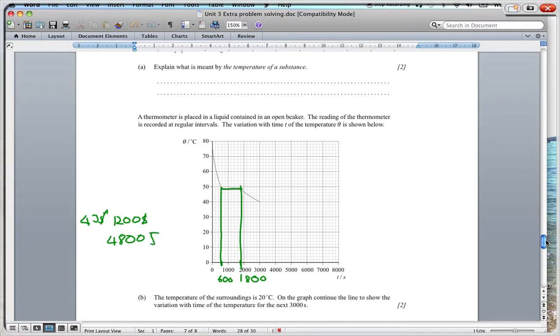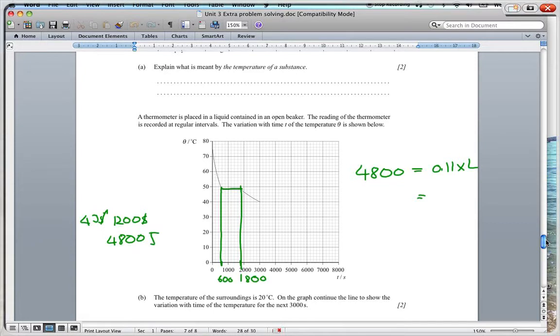Now that 4,800 joules is all being lost to the surroundings, and that's equal to ml. So that's 0.1 times your specific latent heat. So it's 4,800. When you divide the two, you're going to get your answer for that.